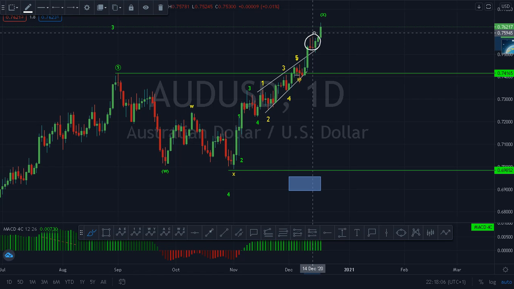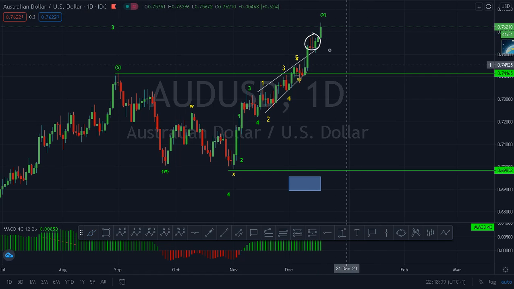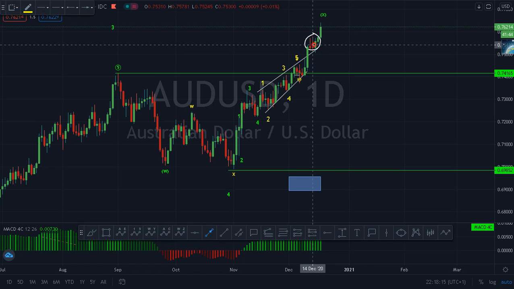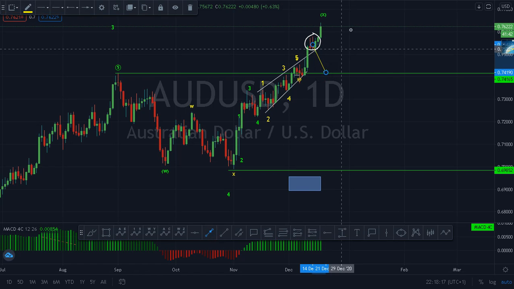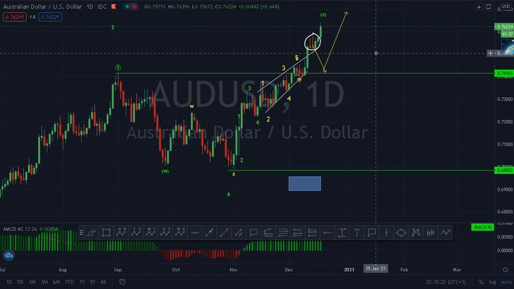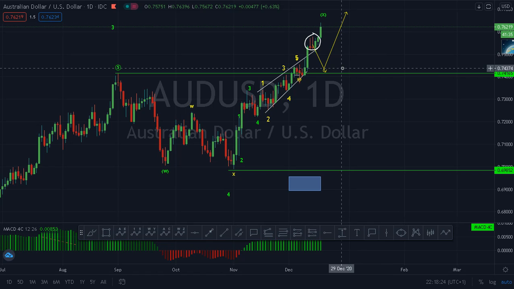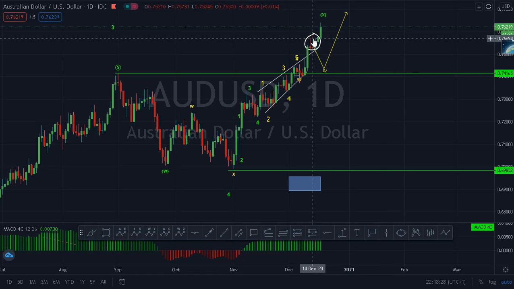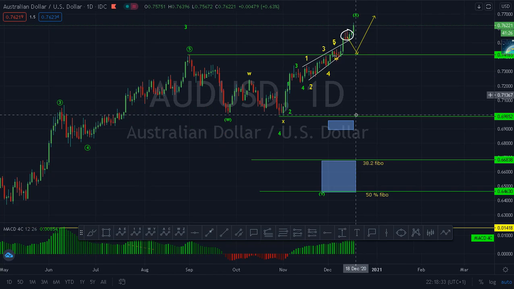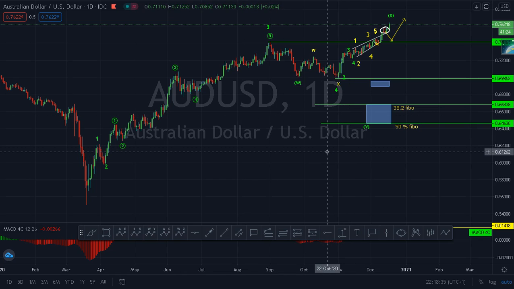This type of candle is a reversal candle, but it failed to reverse. When I saw this, I expected the price to move down from here before it keeps going up. But you can see US dollar is very weak. This type of candle is always a reversal candle, but it didn't reverse. So who knows how long it will still go. US dollar's weakness is something I can't understand.